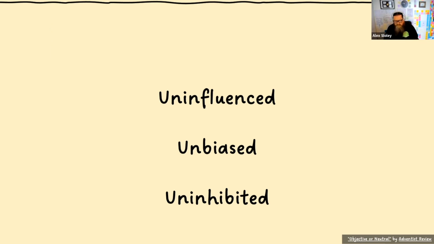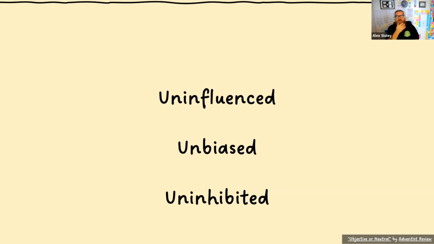So when you're having conflict or practicing ZFG, why do you have to be a ZFG master? It's because you're in conflict or going to get into conflict. That's when you need ZFG. And you've got to be objective, uninfluenced, unbiased, and most interestingly, uninhibited.